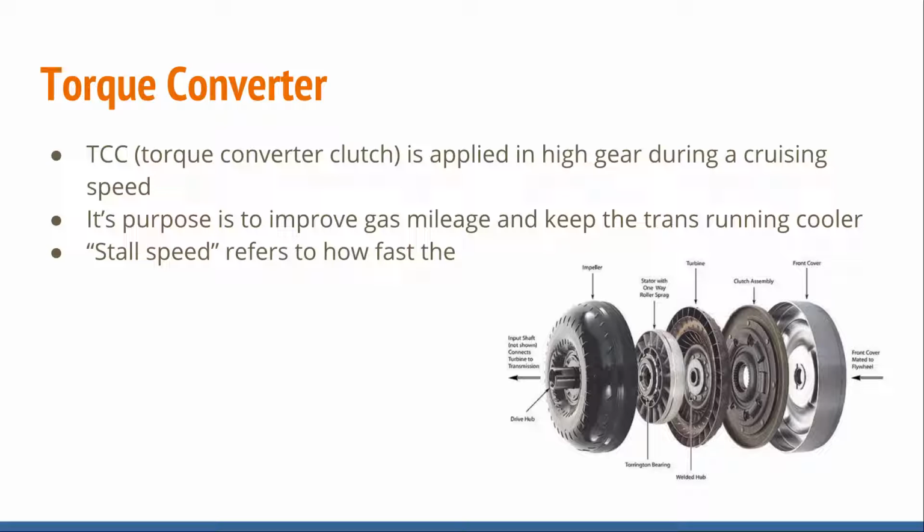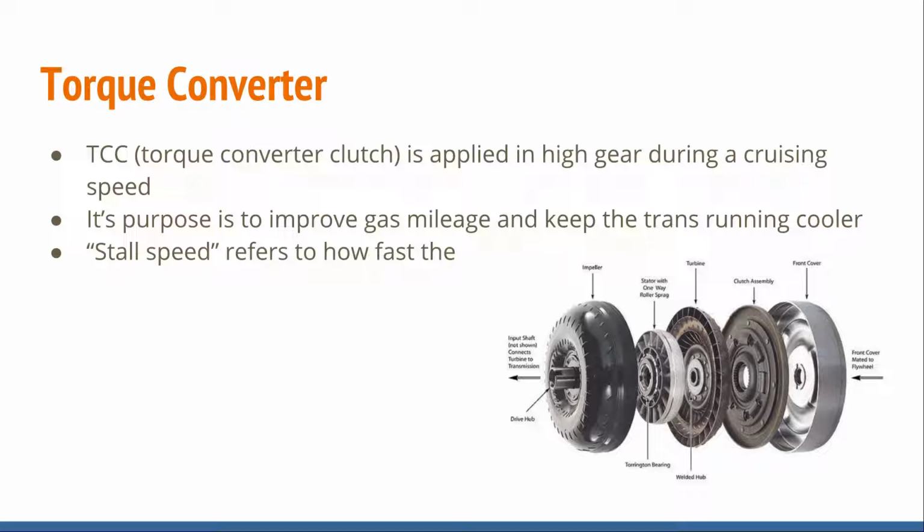So in racing applications, high performance applications, a high stall converter, you've probably heard of that, means a higher stall rate. So say you've got a race car, you did the same stall test, foot on the brake, foot on the gas, you might get 2000 RPMs out of that. It's just allowing the engine to rev up a little bit higher.